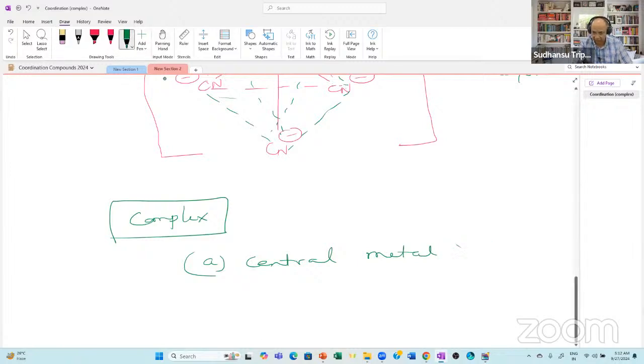Whatever I write down here, you must write down in your copy, because we are going on a very, very long journey. The intricate details of molecular orbital theory, valence bond theory, crystal field theory, stability of complexes, color properties, and whatnot. Central metal atom or ion, and ligands.